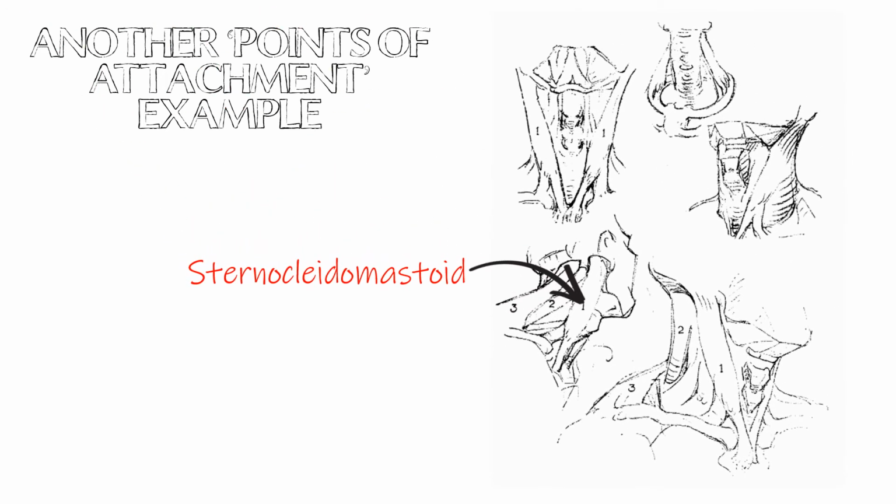Let's look at another one. And this one's going to be more obvious to artists. And that's the sternocleidomastoid. So if you are doing figure drawing and you're learning muscles, sternocleidomastoid is probably one of the early ones you start to learn. And it's mainly because when you're doing figure drawing, the sternocleidomastoid really stands out in the neck.